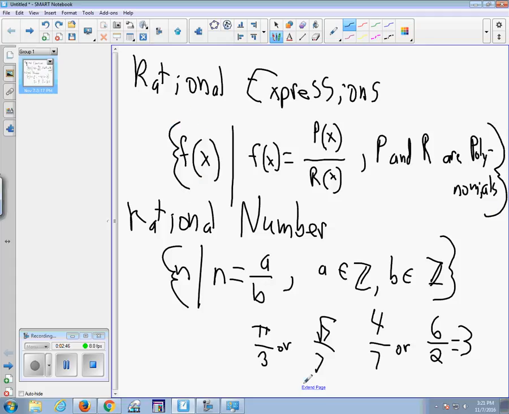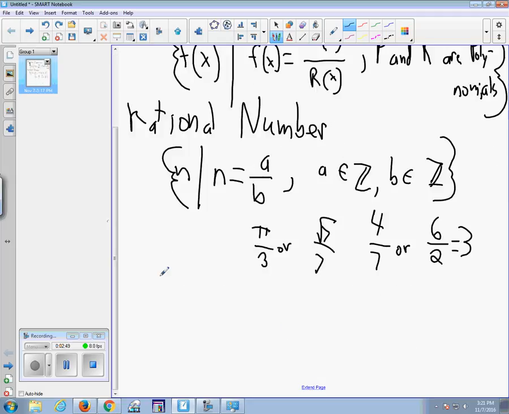So let's just look at a couple examples here. Here's a polynomial, in one variable: 3x squared minus 2x plus 1 over 5x to the 17th plus 6. Here's a polynomial. Here's a polynomial.